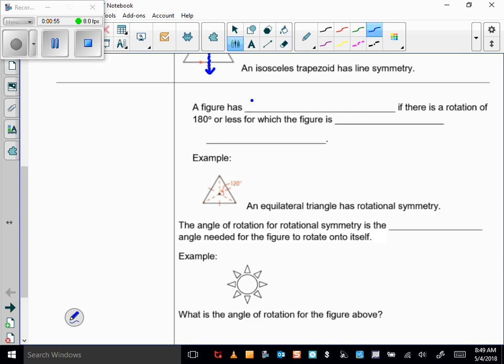Now we're going to talk about rotational symmetry. A figure has rotational symmetry if there's a rotation of 180 degrees or less for which the figure is its own image. For example, look at this equilateral triangle.